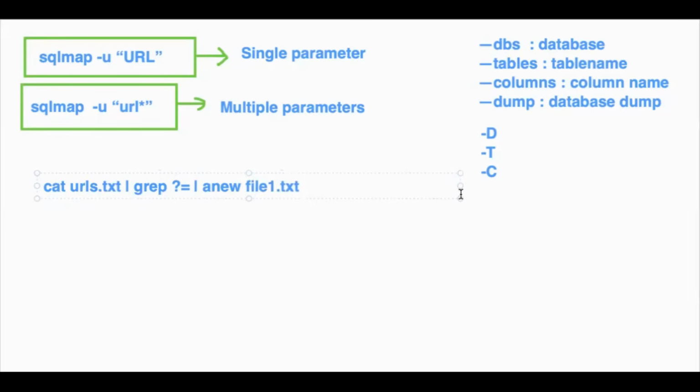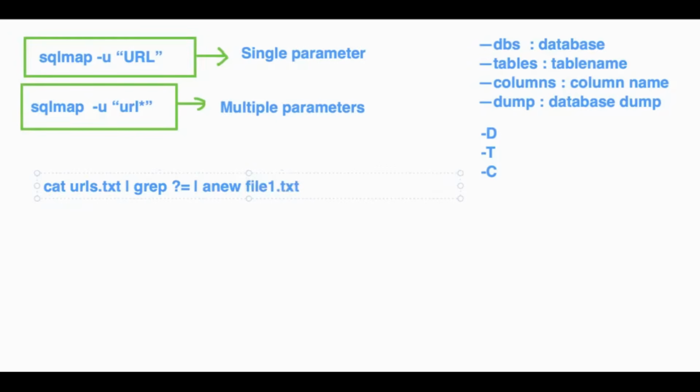Now you have to filter which URL has single parameters and which URL has multiple parameters. Because in a single parameter, you don't have to specify the custom injection marker, star basically, but if you have multiple parameters, then you have to specify the custom injection marker. So this is your final file, which is going to be tested.